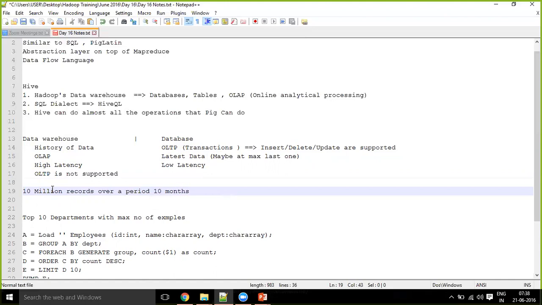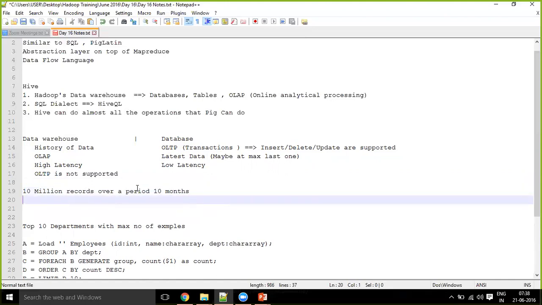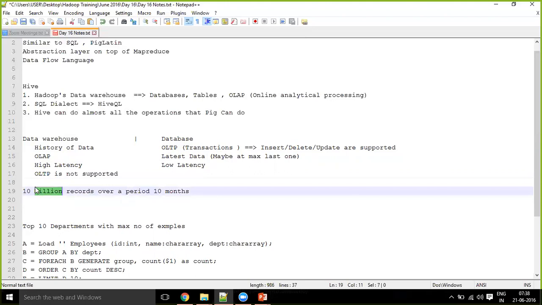Inside those 10 million records, suppose somewhere in the 5th month, or even the latest month, you want to change a record, insert a new record, delete a record, or update a record.